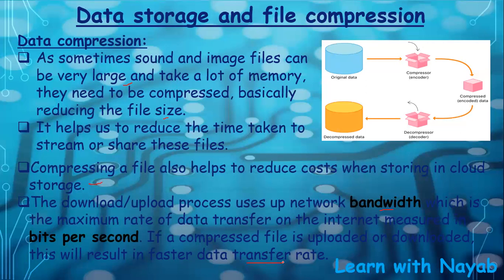If there's a compressed file, there'd be less data in it, so it would take less time to transfer the file, and use less bandwidth, which would be very advantageous.